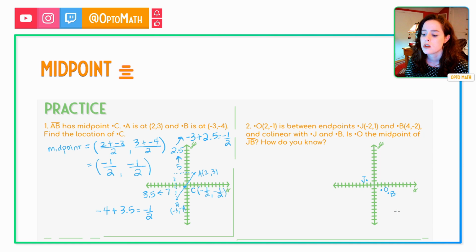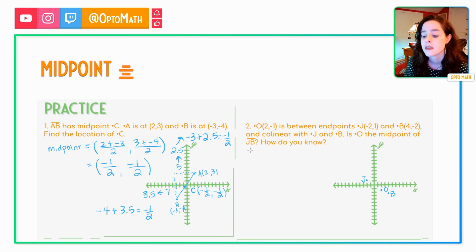Okay, so we can see that O is not the midpoint because visually it's closer to point B than it is to J. And if it was the midpoint, it would have to be equally away from both of those endpoints. So that's one thing we could say.